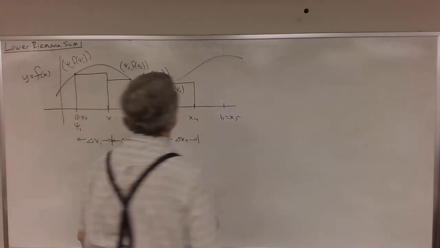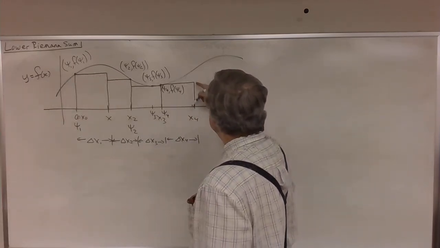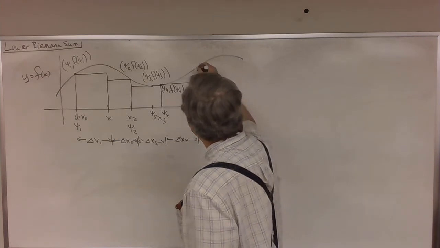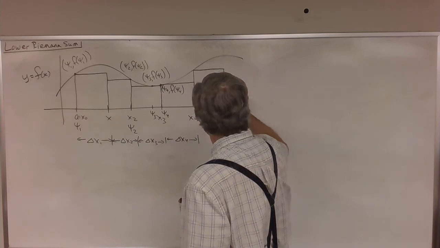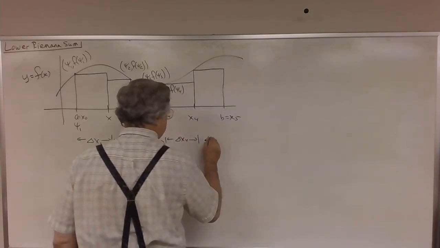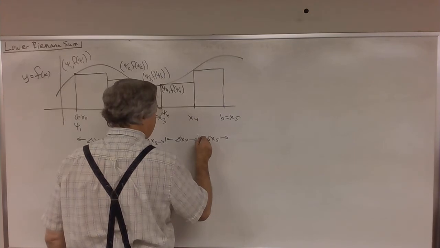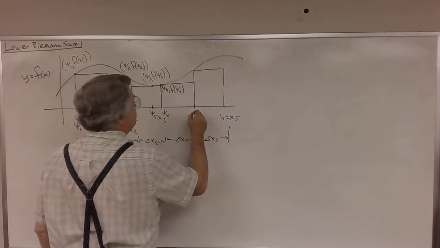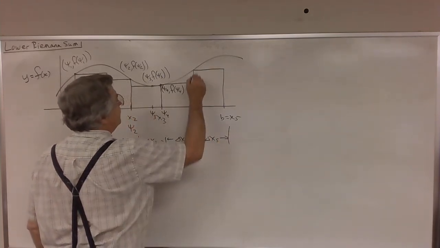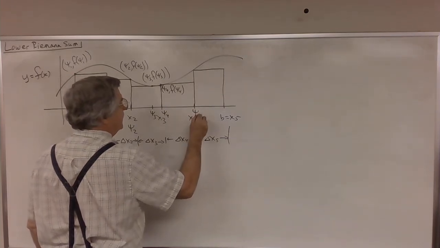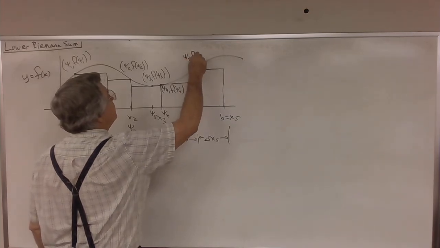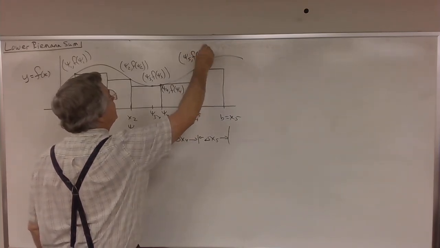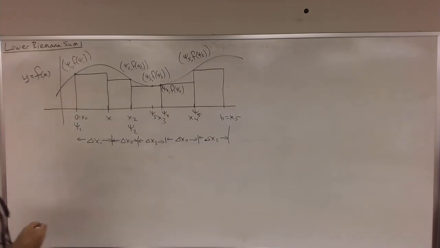And then on the last subinterval, it looks like this is where the function attains its smallest value. So call that psi sub 5. It's in the fifth subinterval. Psi sub 5, f of psi sub 5. And this is what our lower Riemann sum looks like.